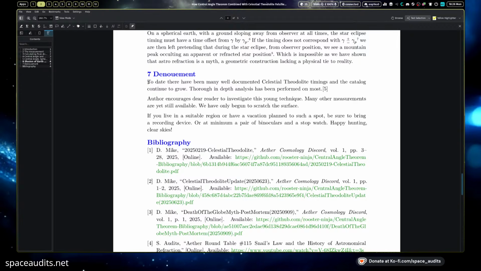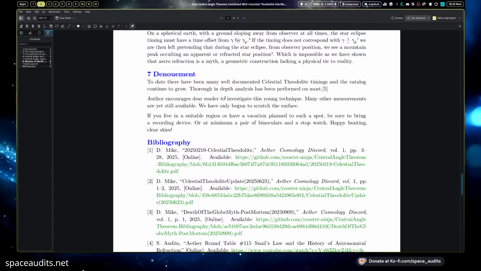Denouncement. To date, there have been many well-documented celestial theodolite timings, and the catalog continues to grow. Thorough, in-depth analysis has been performed on most. This author encourages the dear reader to investigate this young technique.